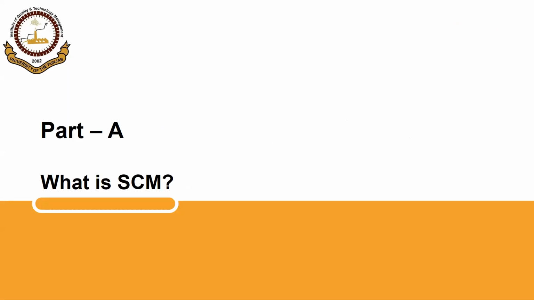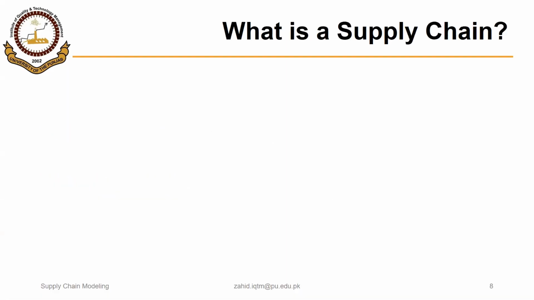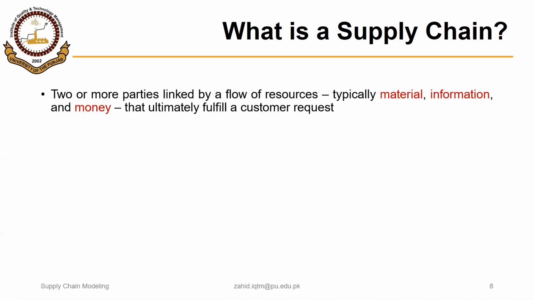First, we will see what is a supply chain and what is supply chain management. So what is a supply chain? A supply chain is 2 or more parties linked by a flow of resources, typically material, information, and money, that ultimately fulfill a customer request.